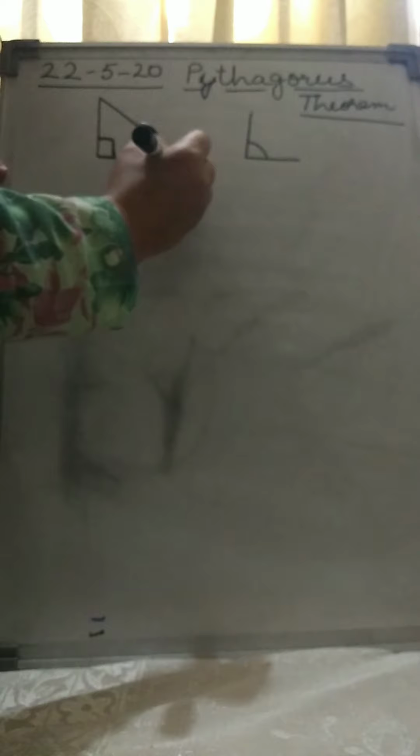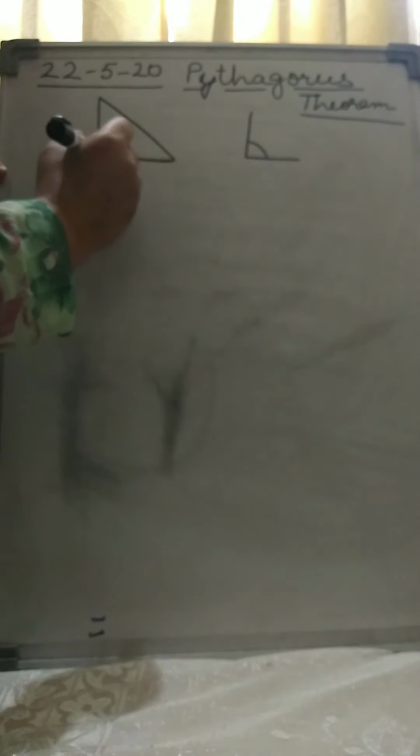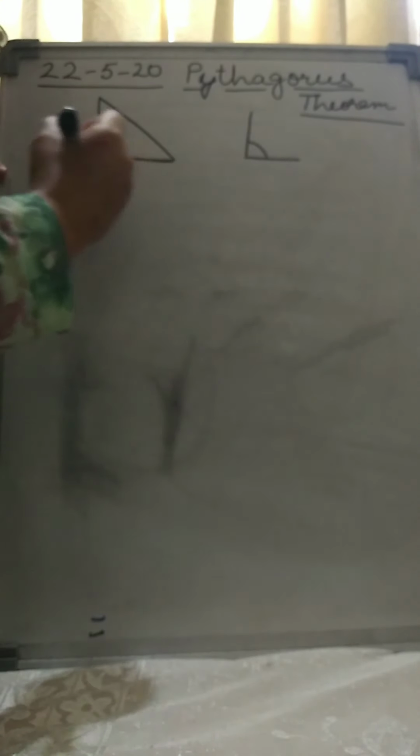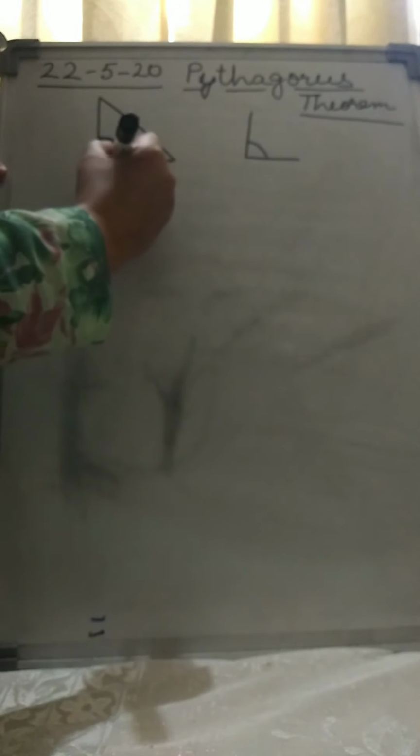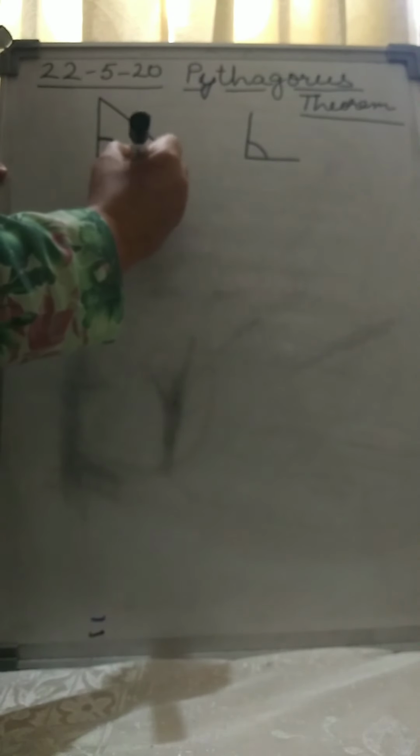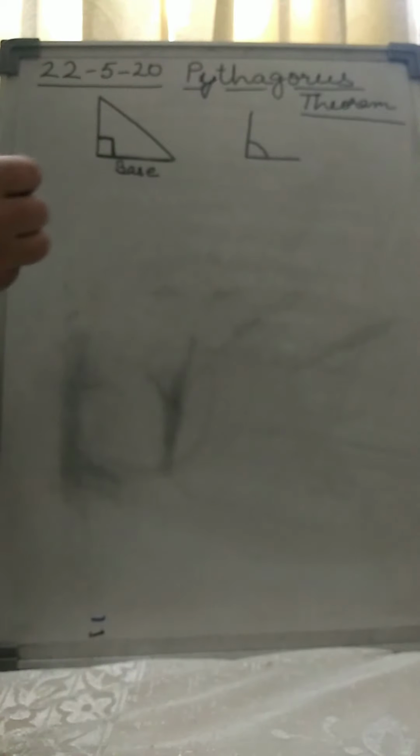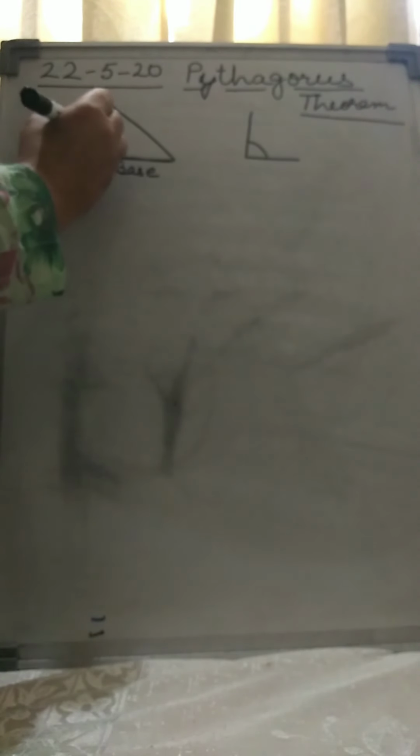This side on which the triangle is lying, that is the bottom of the triangle, is called the base. The other arm of the 90 degree angle is called the height.